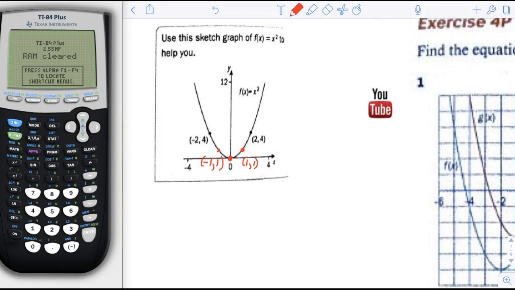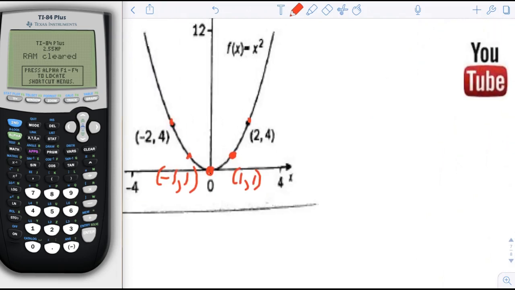The next points would be (2, 4) and (-2, 4). So you can see that the height of the first point over is 1, and the height of the second point over is 4.